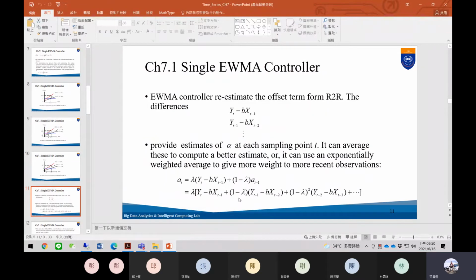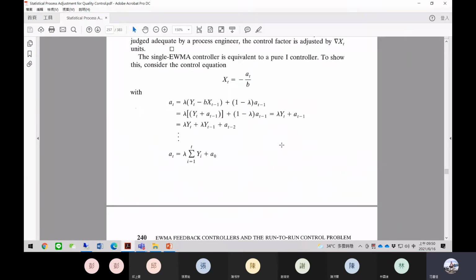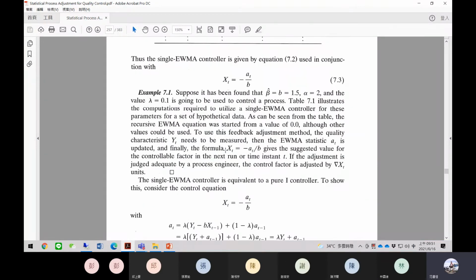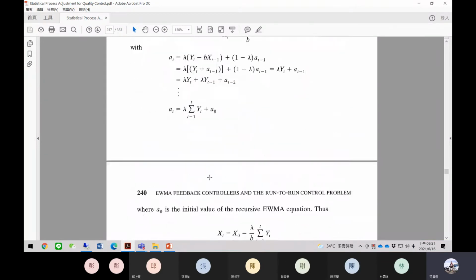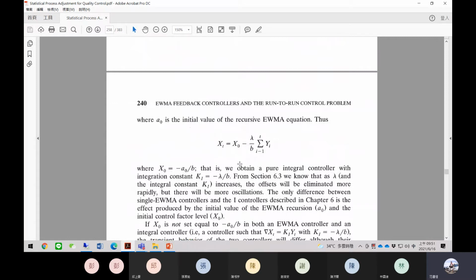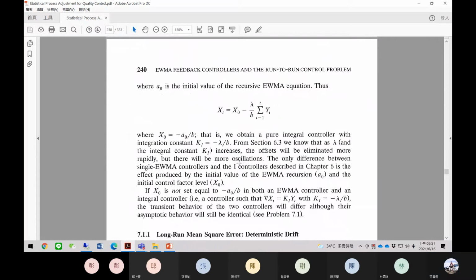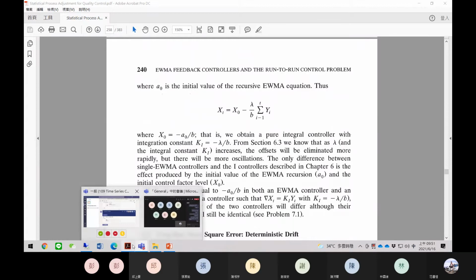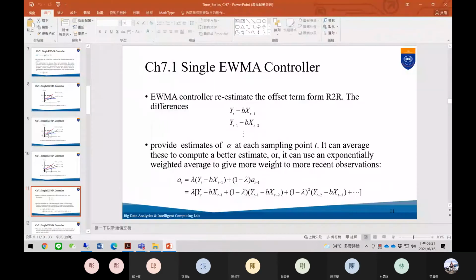This is an I controller, which I already showed you. We're doing that. Like this, provide an estimate.